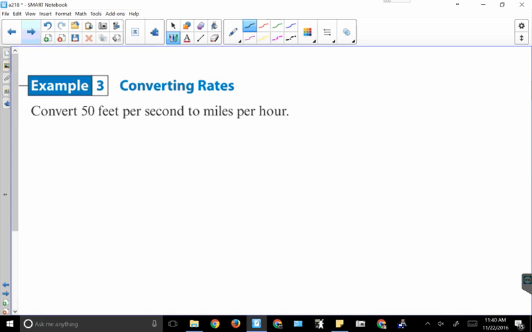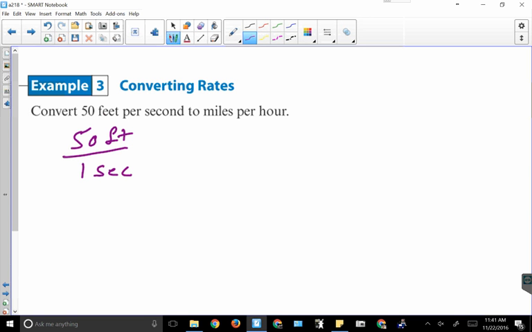So, I want to convert 50 feet per second to miles per hour. How am I going to do that? Well, if I write out the label, I get 50 feet over 1 second, correct? Now, I'm supposed to convert this into miles per hour.